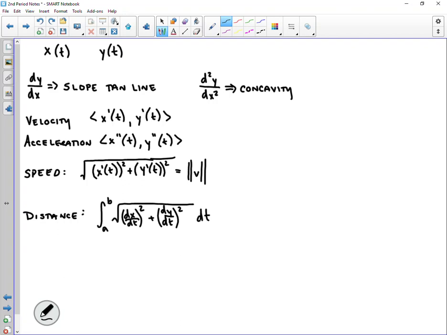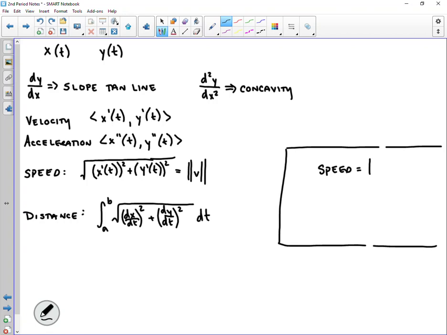And so I remember in regular one-dimensional calculus, speed is just the absolute value of velocity, right? And then if I wanted distance in one directional motion, it was just the integral of speed, the absolute value of velocity.